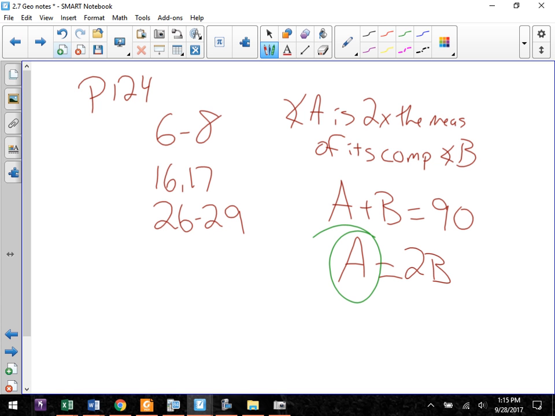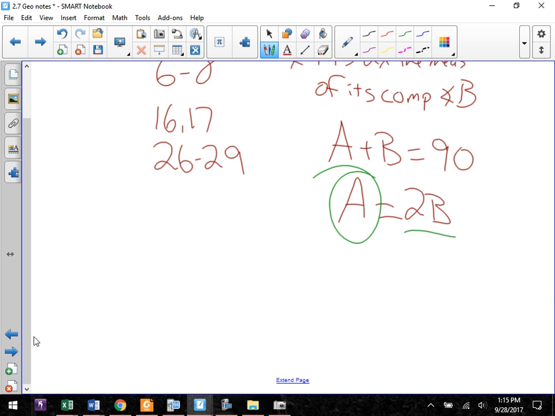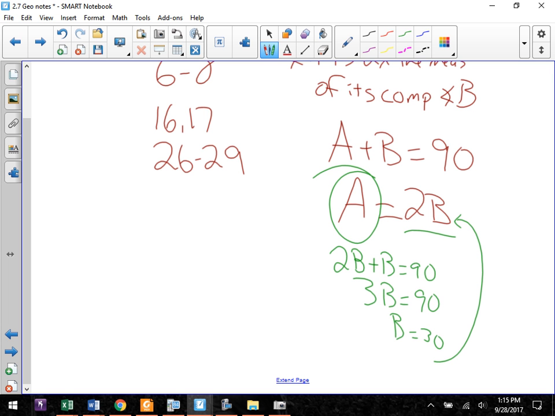Everywhere I see an A, I'm going to put 2B. What's 2B plus B? And you get? So if B is 30, 60.